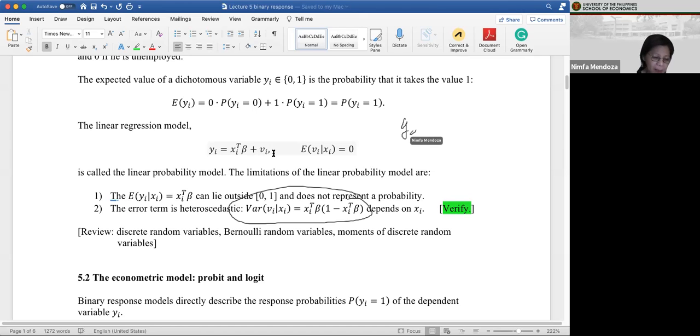If y sub i is equal to 0, then v sub i is minus x sub i transpose beta. And if y sub i is equal to 1, then v sub i is equal to 1 minus x sub i transpose beta.